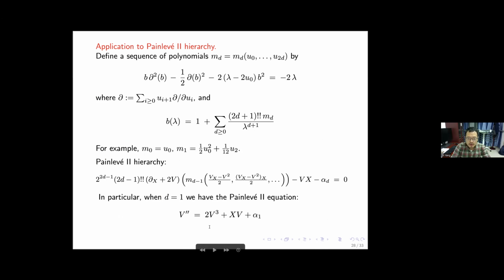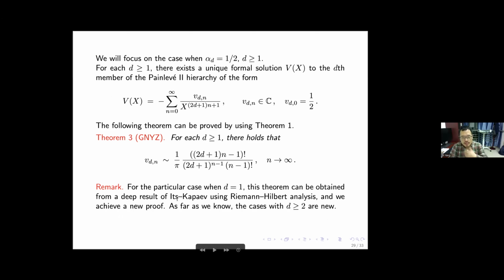For the Painlevé-2 case, they are studied by Itz and Kapayev. I think there's also an analog of this in the Painlevé-1 case, which is proved by Kapayev. So these solutions, for example in the Painlevé-1 case, are also related to some analytic solutions, some tri-truncated solutions.